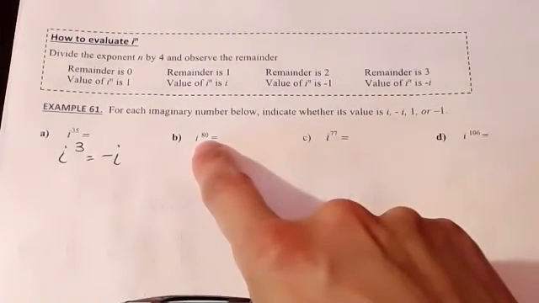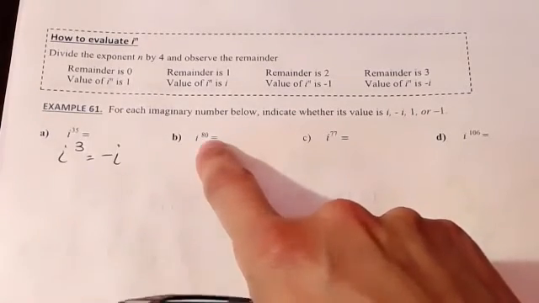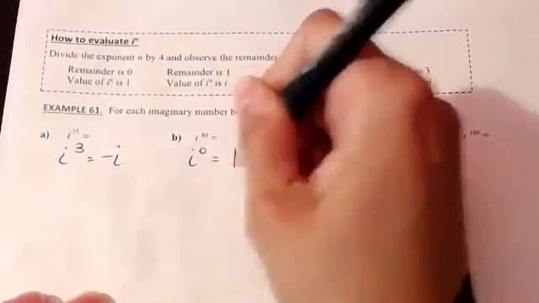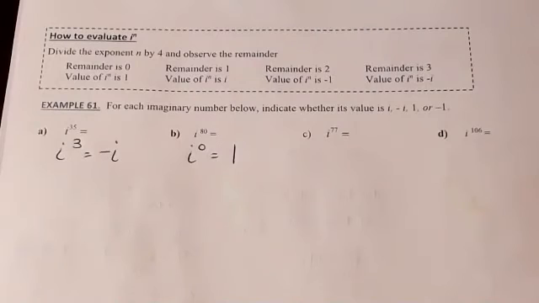Divide 80 by 4. Do you see how it goes in evenly? 80 divided by 4 is 20. It goes in evenly, which means there is no remainder. No big deal. i to the 0 is just 1. Let's look at 77.